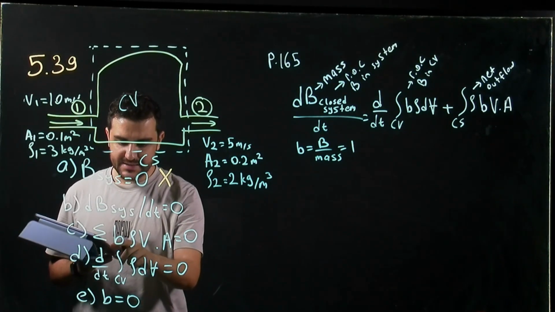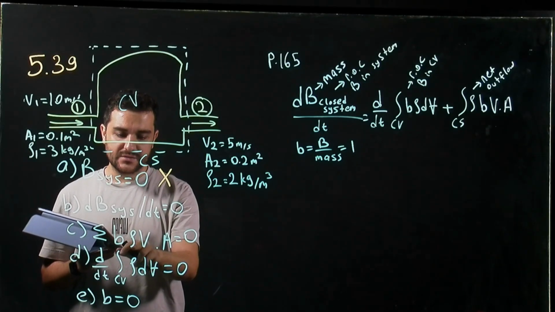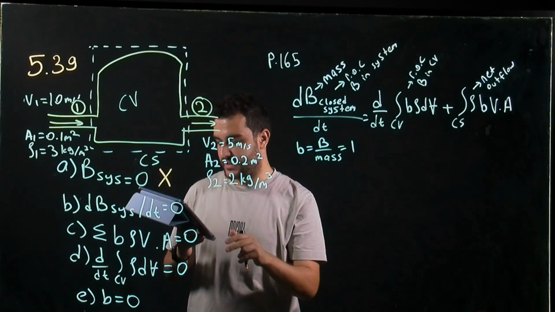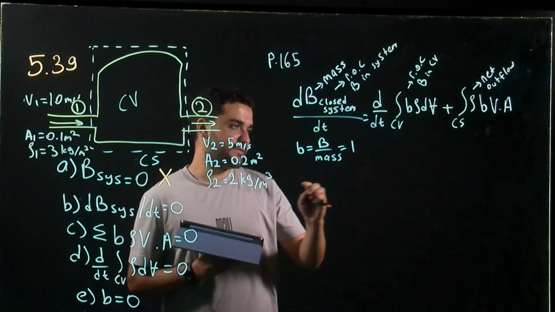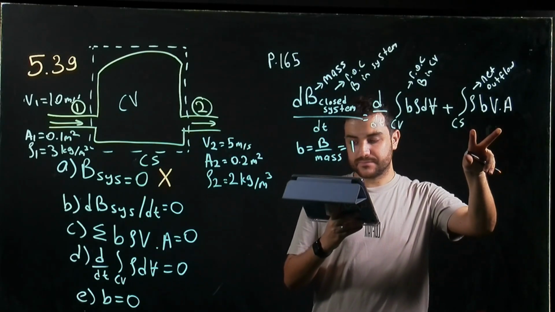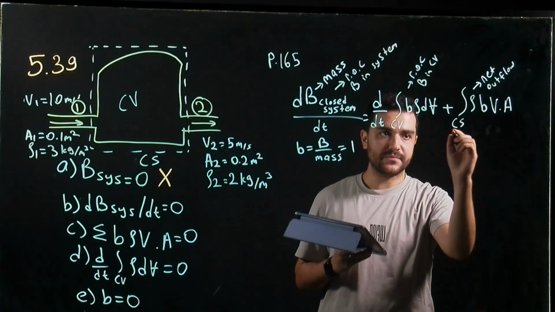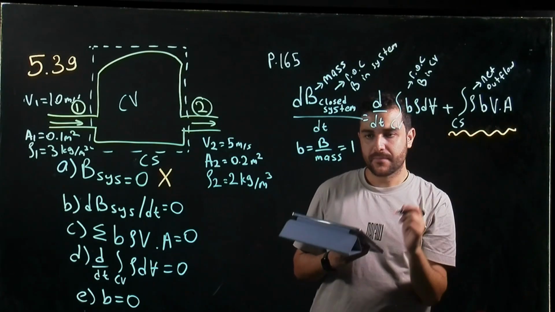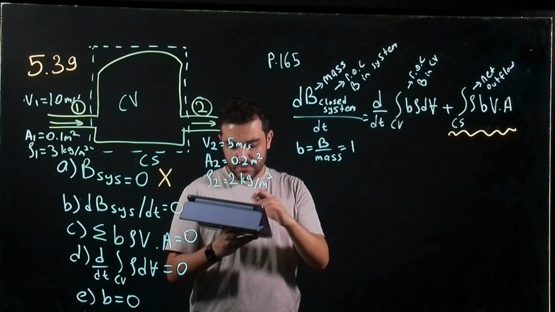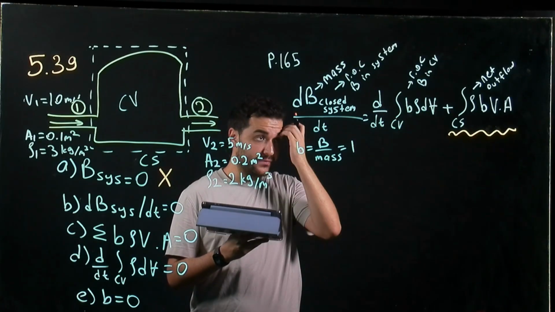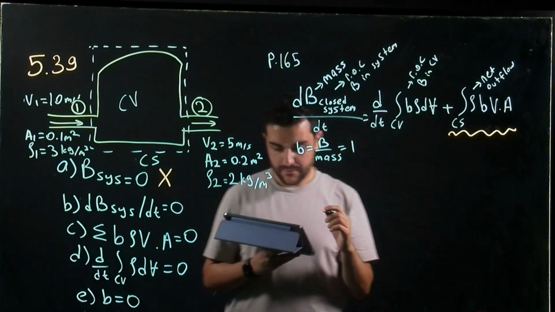The third one says the sum of b rho velocity times area is 0. So actually, if you look at this side, it is talking about this term of this equation. Since this gives net outflow, we need to find net outflow of property B through this control surface.